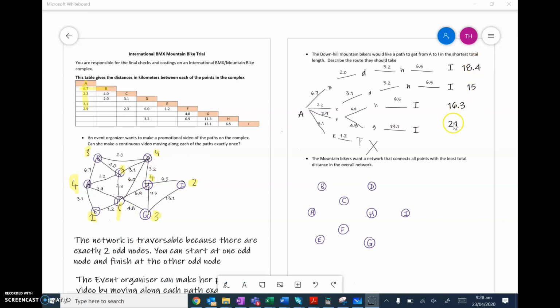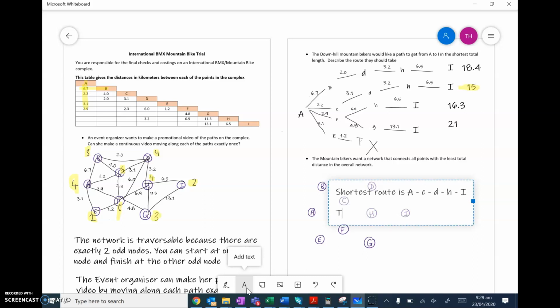Okay, what I've done is I've added them all up, and now you need to think which one's the shortest. That's pretty easy. The shortest one is this one, and you need to explain the route. So you need to then say the shortest route is A, to C, then to D, then to H, then to I. Then you have to write the total distance.